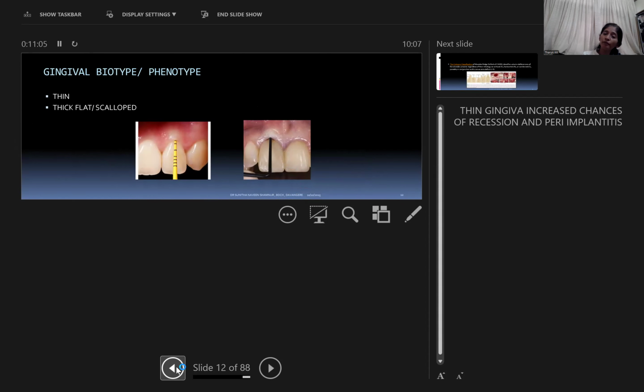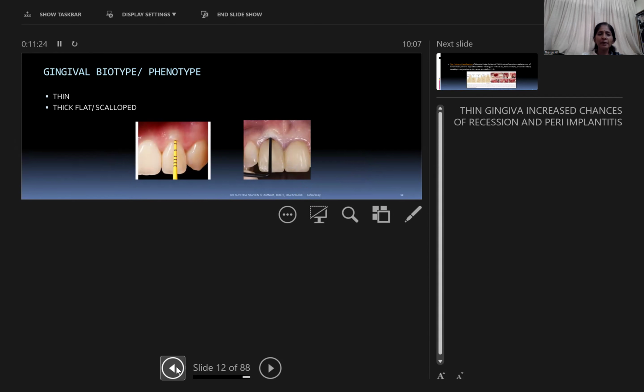With the hard tissue comes obviously the soft tissue, gingival biotype. We call it as either a thin or the thick. Basically, easily assessed chairside using a periodontal probe, when you can see the translucency of your periodontal probe, that is called as a thin, and if you do not, that's a thick.